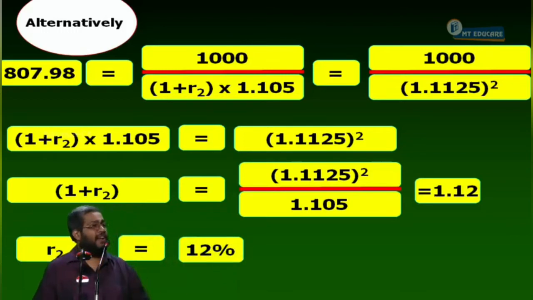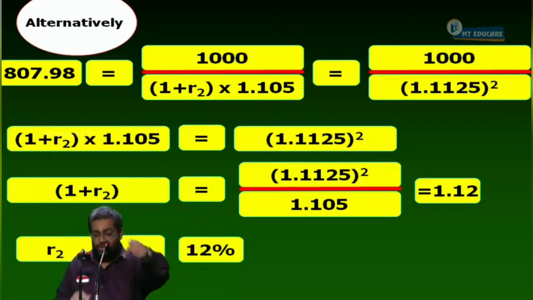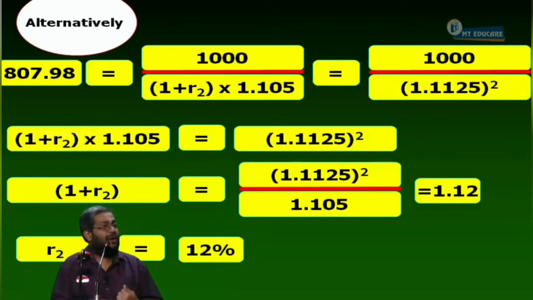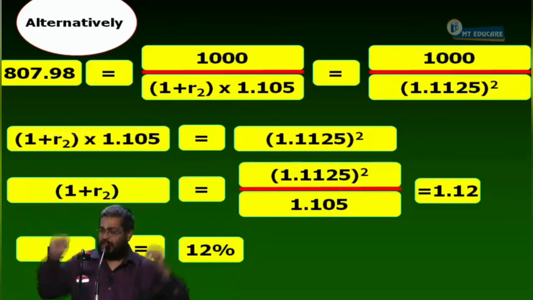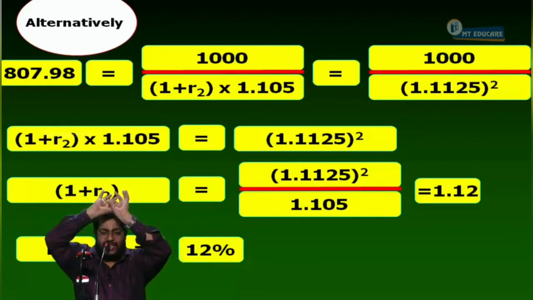This is the alternative way of doing this particular problem. I think you're all following or not? That means, to do this sum, do I require cash flows? Do I require the maturity value of the zero coupon bond? Not at all. I don't want the 1000, I don't want the 807.98, I don't want any financial detail.